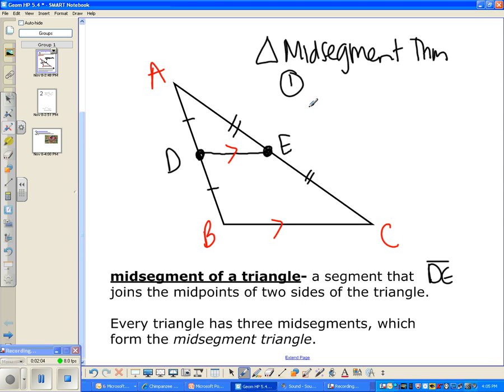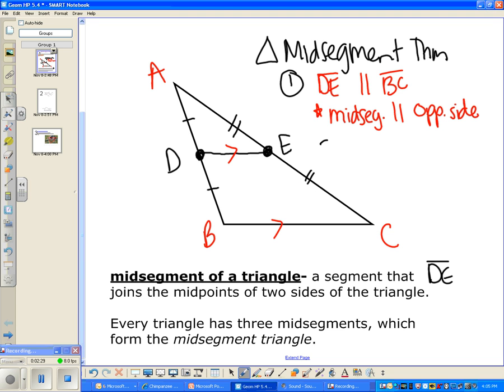So you can say that midsegment DE is parallel to BC. In words, the midsegment will always be parallel to the opposite side of the triangle. So DE is parallel to BC and not any of the other sides. So that's one cool thing.